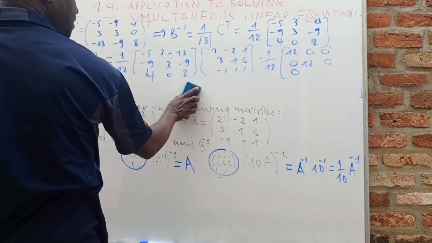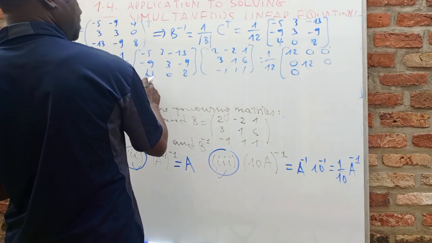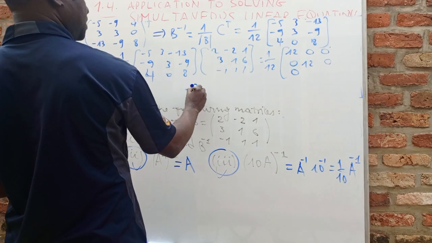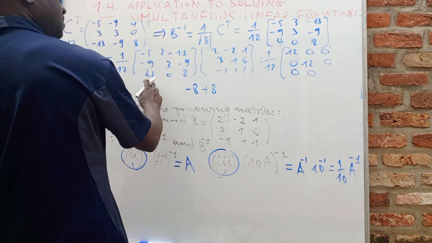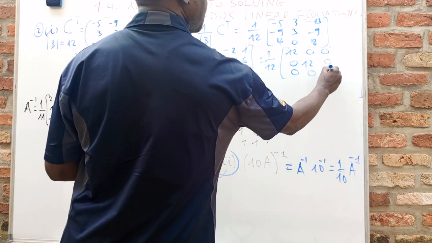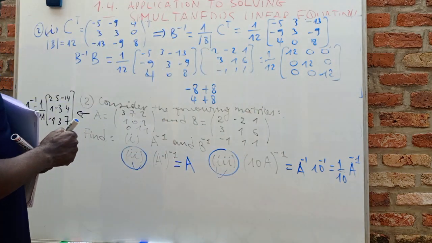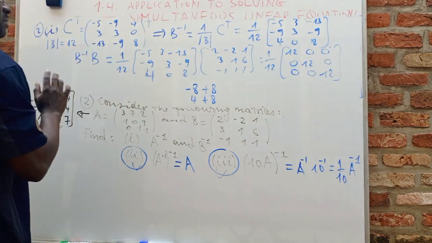Okay. Now next, because we have this 0 to help us speed up multiplication, 8 then plus 8. This is also 0. Now come on, 4 plus 8. This is 12. So which means that our calculation before to find this inverse was perfect.